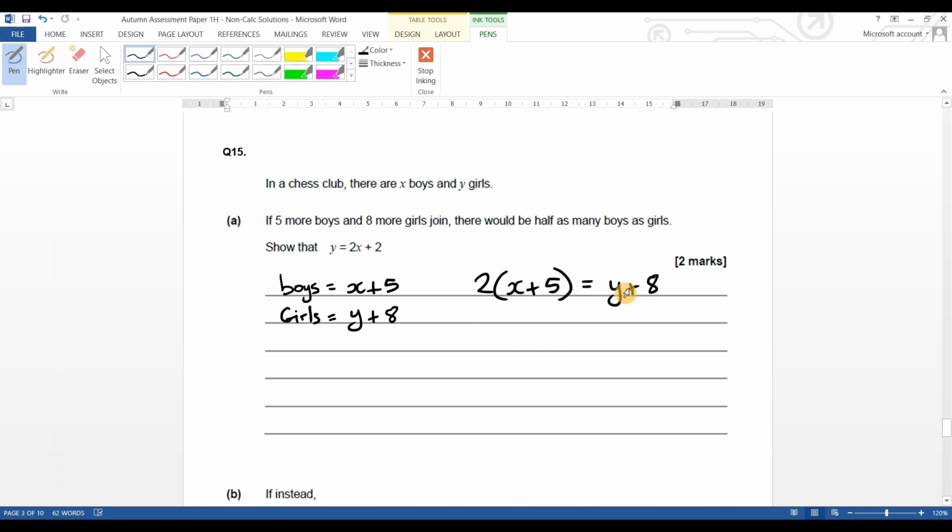Show that y equals 2x plus 2. So if we rearrange this, hopefully we should get y equal 2x plus 2. Let's see. So let's expand this. So we've got 2x plus 10 equals this. Let's bring everything to the same side.